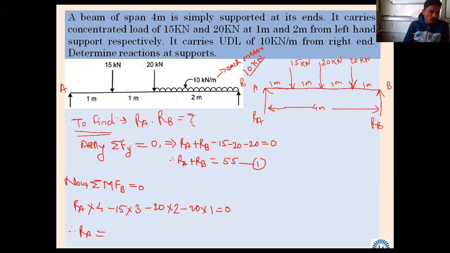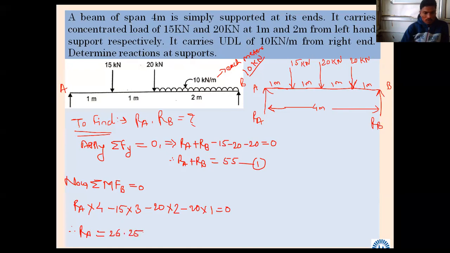So 105 divided by 4. You just do it. 105 divided by 4. 26.25.